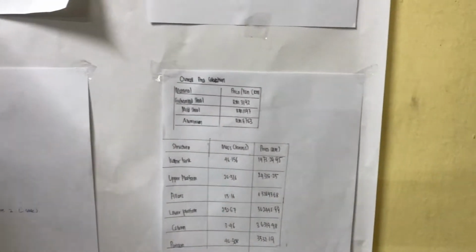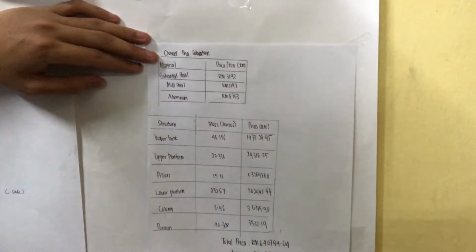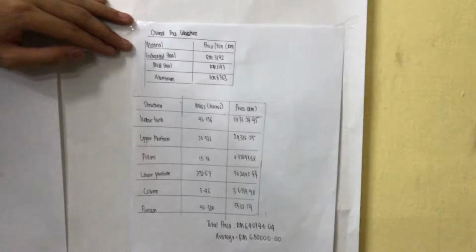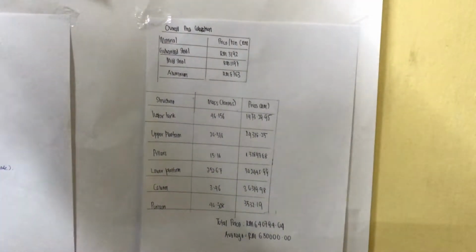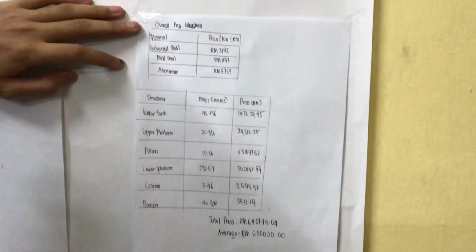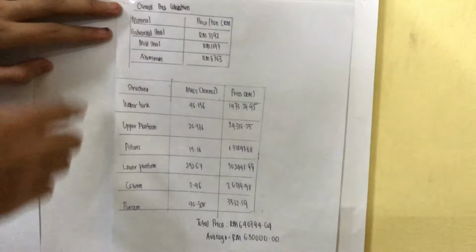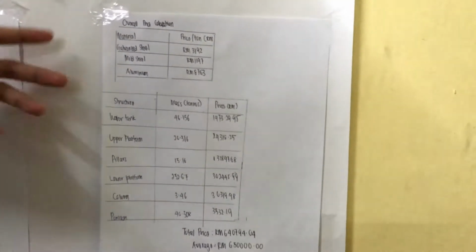And now I will present the total budget of the floating storage. Okay, for the storage we will use 3 types of material. That is, the first one is galvanized steel, the second one is mild steel, and the third one is aluminium.